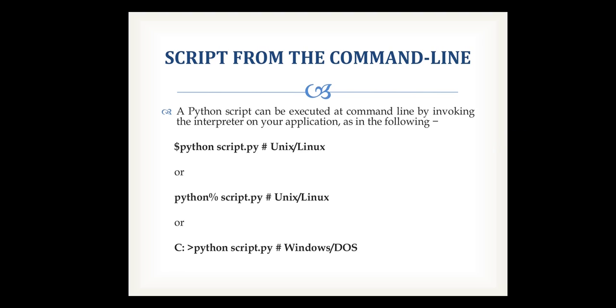Next is script from the command line. A Python script can be executed at the command line by invoking the interpreter on your application, as in the following, such as python, then you have to specify the script.py. So it is the extension .py. You have to write your code in Notepad or anywhere, and you have to save the file using the .py extension, okay, and you have to run it by invoking the interpreter on your application as in the following.